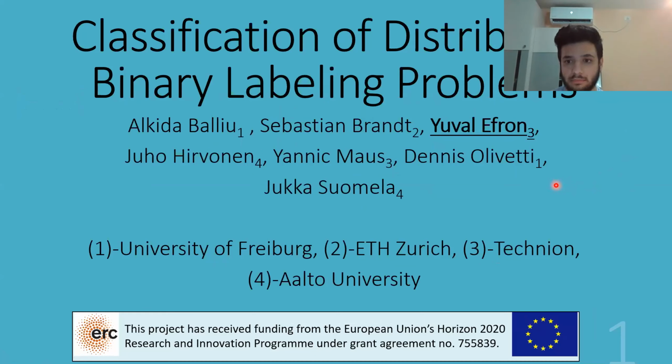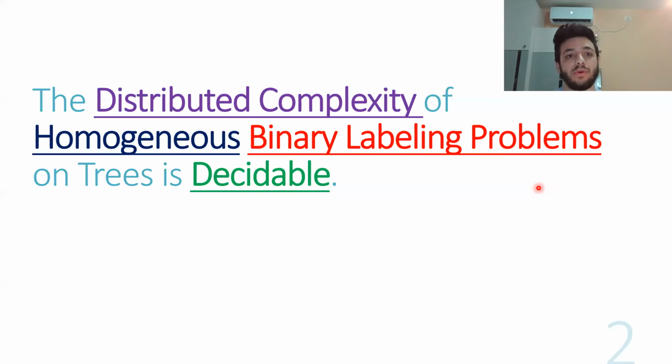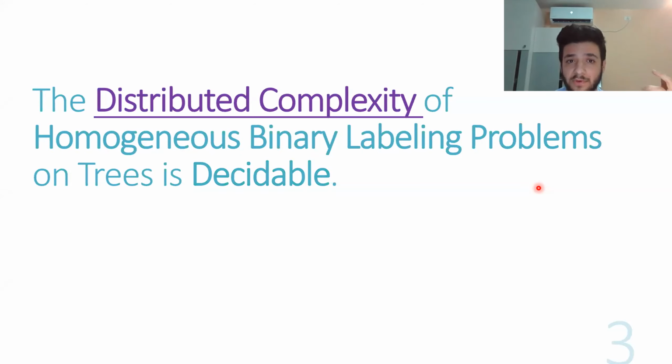My goal is to convince you of the following sentence: the distributed complexity of homogeneous binary labeling problems on trees is decidable. We are going to break this sentence down into its components and understand them one by one.